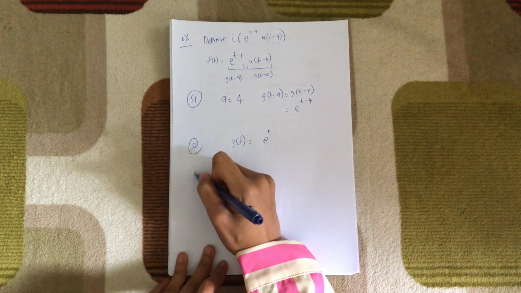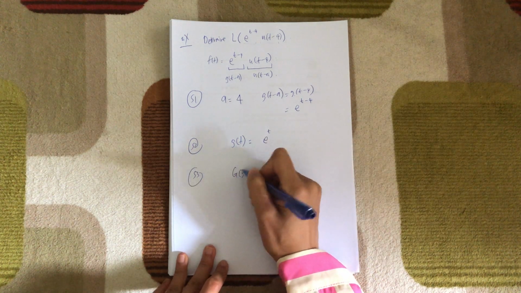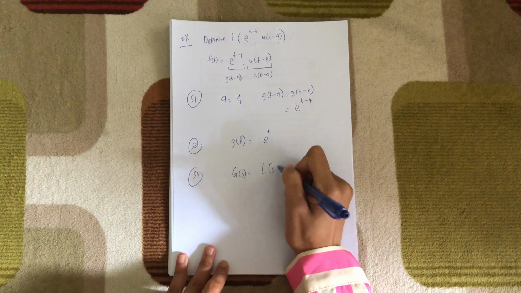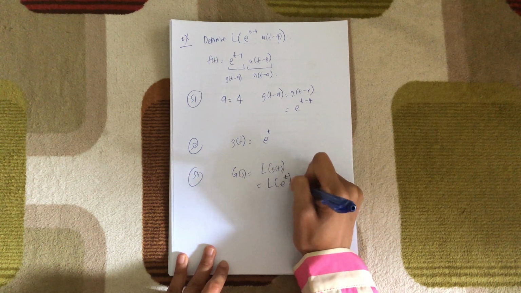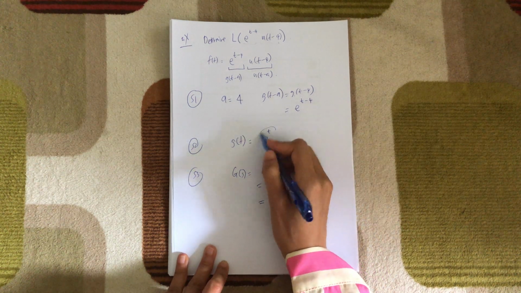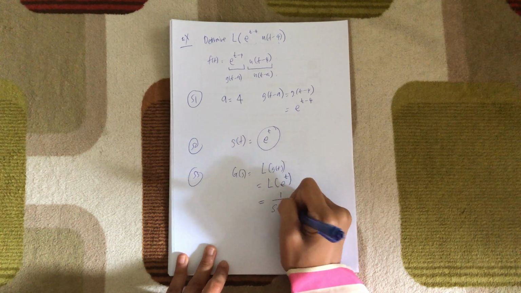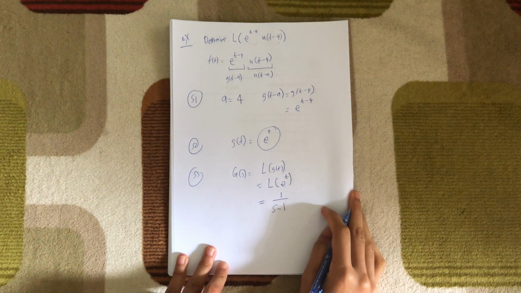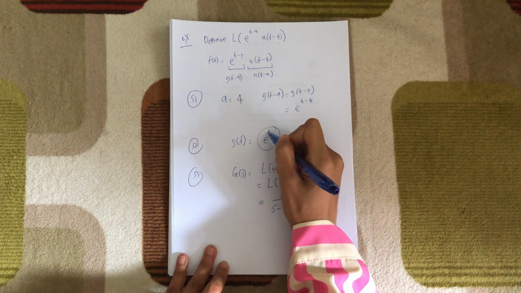Alright, so step number 3, you need to find out your G(s), the Laplace transform for e to the power of t. So by using the table, you can get the answer. So it's 1 over s minus 1, because your a here is 1.